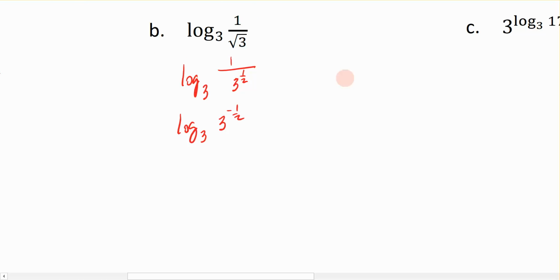Now I am in a position to apply this inverse property rule, which says this base 3 and this base 3 allow me to just evaluate the expression to the exponent of negative 1/2. So again, on this particular example, it's this argument right here that we had to put into this form in order to be able to evaluate it.